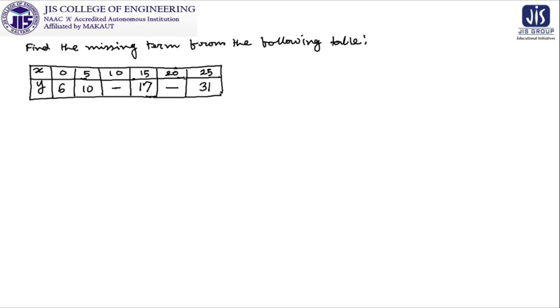So what is the basic difference between this problem and the previous problem is that here we are getting two terms missing, but here also we are using the same philosophy.